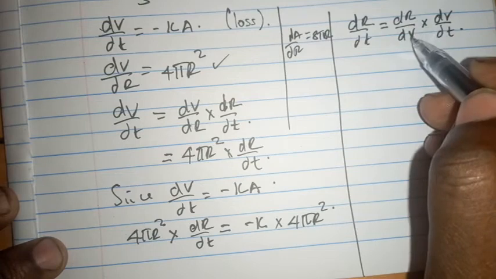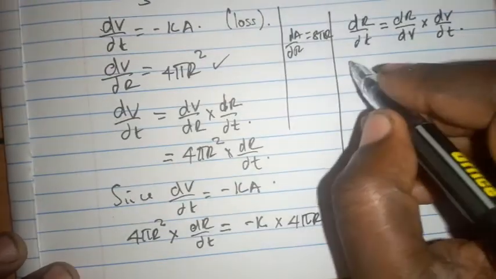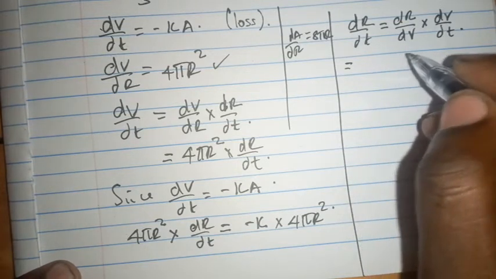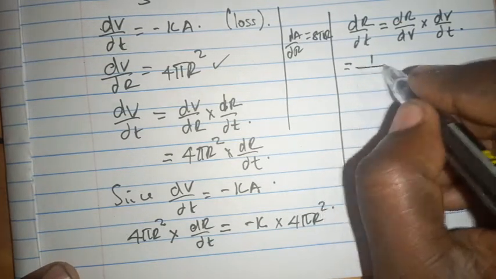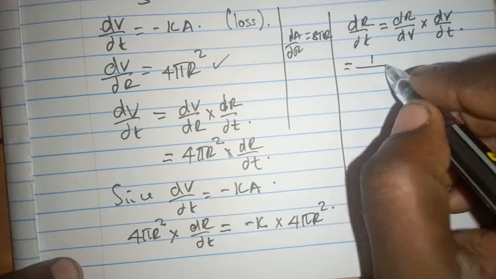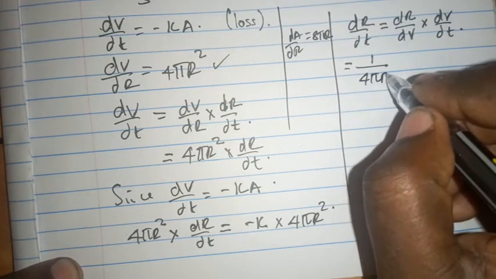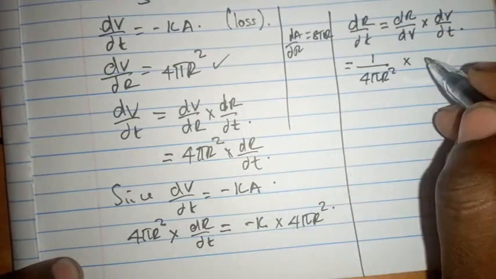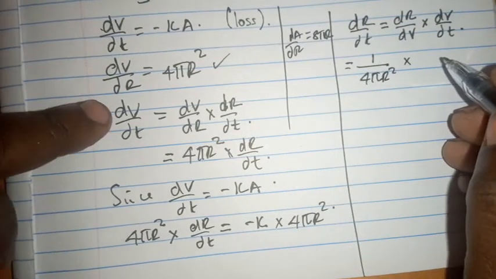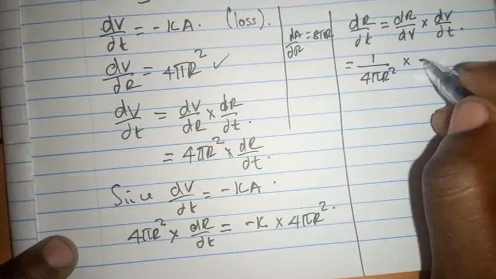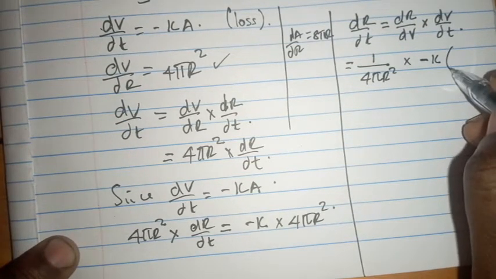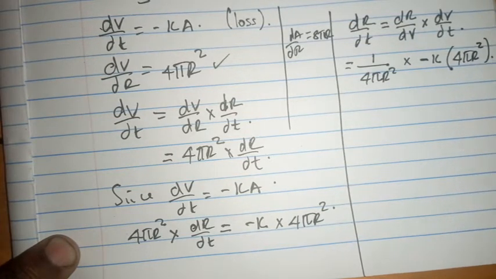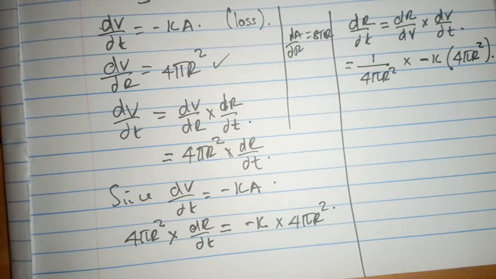dr/dV is 1 over 4 pi r squared, times dV/dt, which equals minus kA, which is 4 pi r squared.